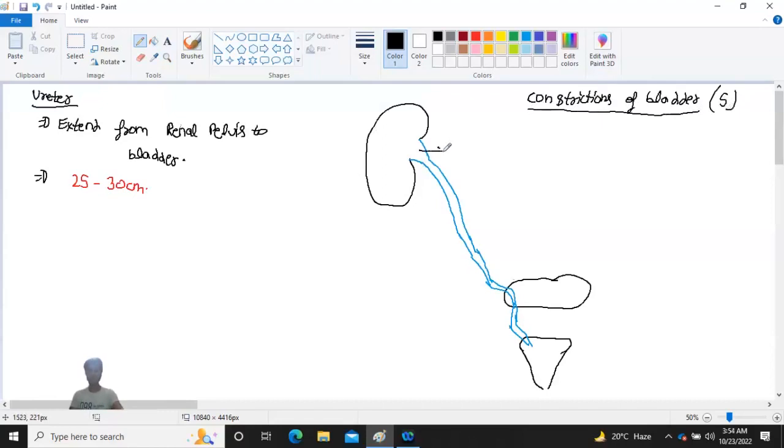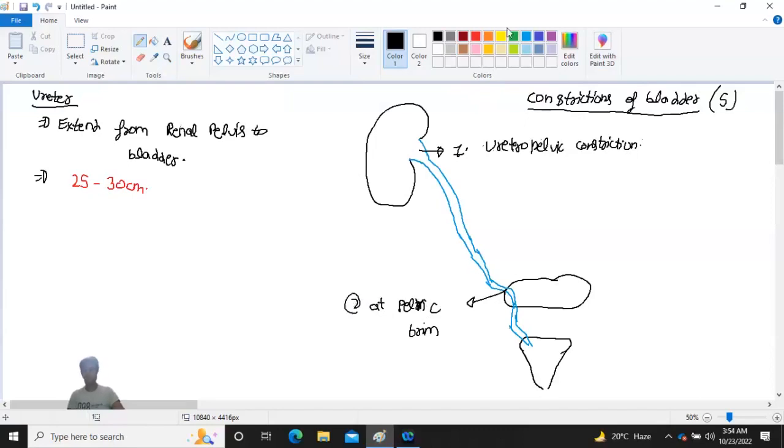First, it starts at the renal pelvis, which is called the ureteropelvic constriction. Second is at the pelvic brim.